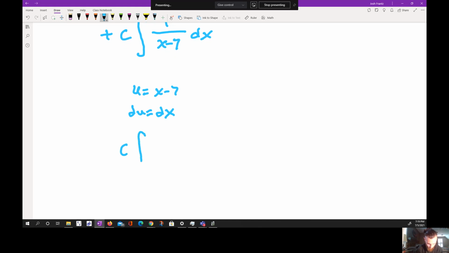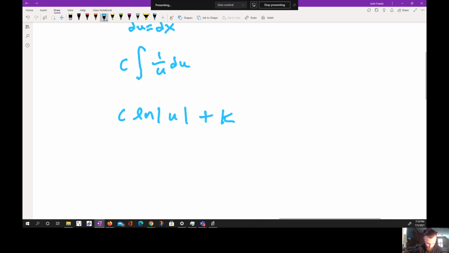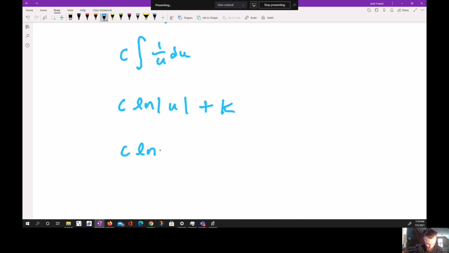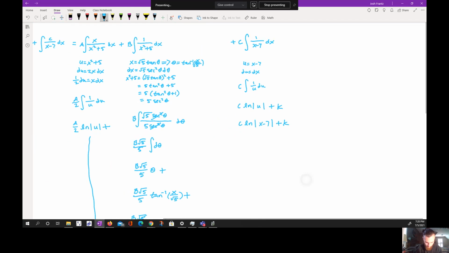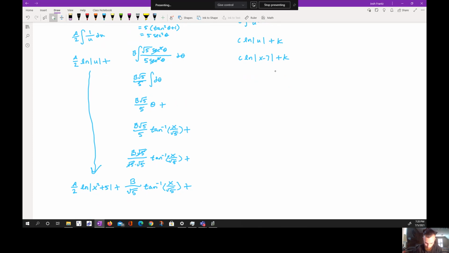So in terms of U, this would be the integral of 1 over U, du, which is c ln absolute value of U plus K. And we said U is equal to x minus 7, plus k. Perfect. So now we have evaluated this integral. We just need to find the values for the coefficients.